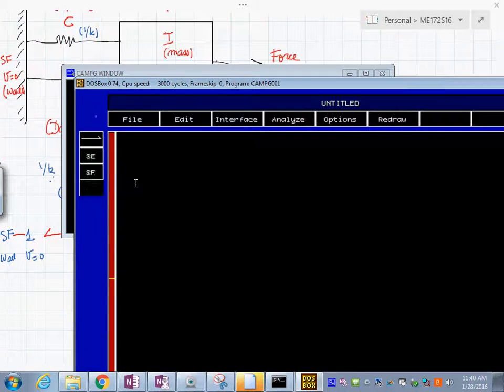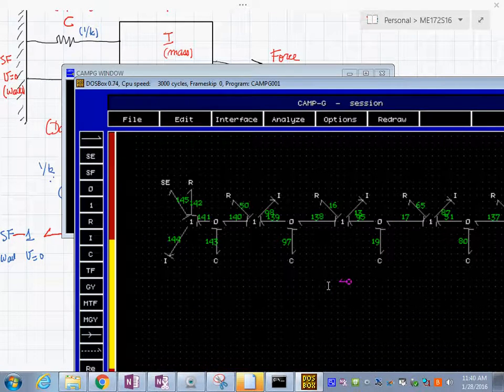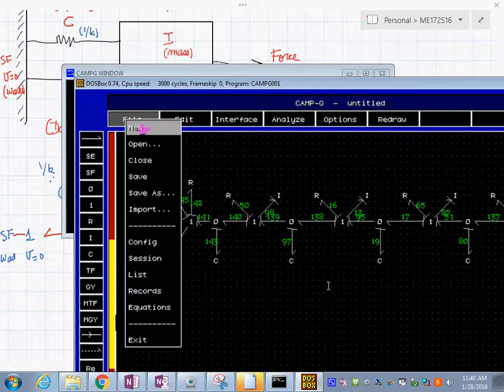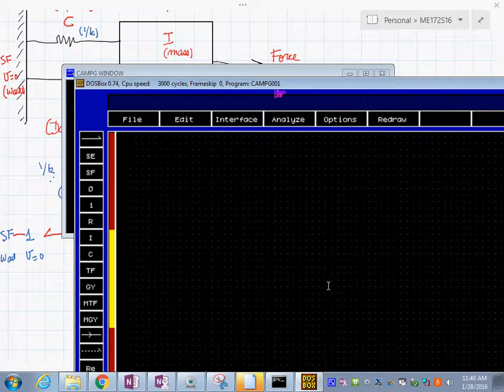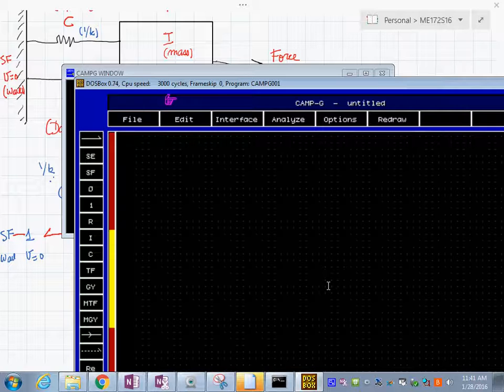The computer is going to run this software, and what you're going to do is use this program. We're going to call it new, and then I can bring in the bond graph model that I have in there.